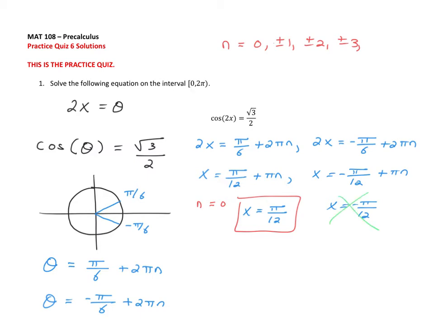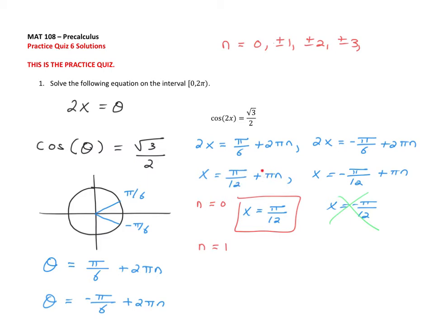That's no good. Clearly, using negative 1, negative 2, and negative 3 are just going to give me values that are negative, which are less than 0. So I just want to use 1, 2, 3, and I'll stop once I move past 2 pi. So I guess what I mean is, next I'll use n is equal to 1. If I put 1 in place of this n, that's pi over 12 plus pi.